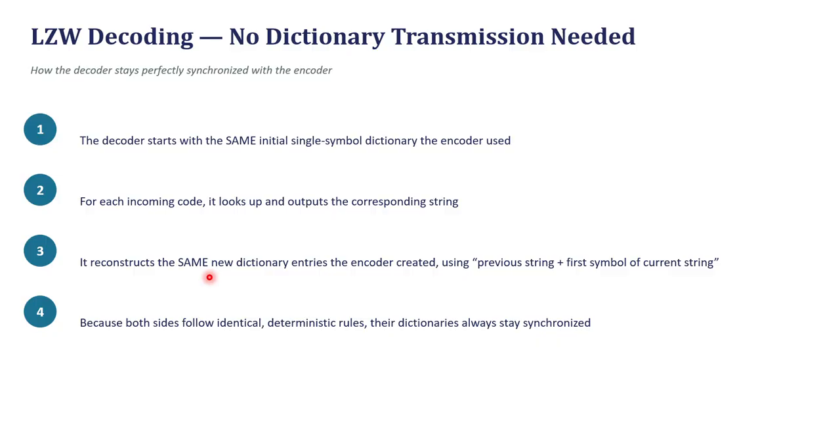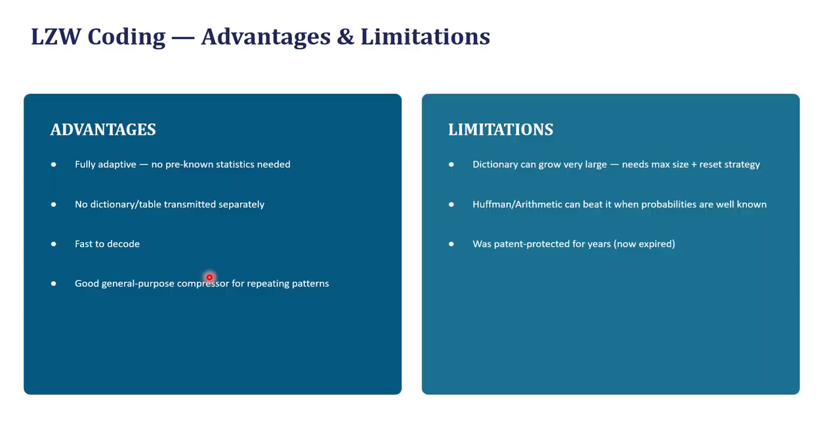In decoding also, no dictionary transmission is required; from the same stream that it gets, decoding will be done. Advantages: it's fully adaptive, no pre-known statistics are needed, and no dictionary or table is transmitted separately.